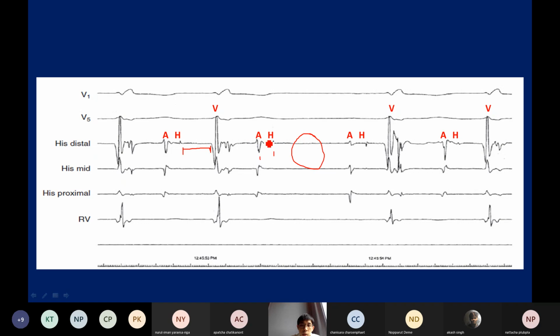So the signal could come from the sinus to the atrium, and to the His, but cannot reach the ventricle. There's some abnormality between the His bundle and the ventricle. So the site of block is likely to be infranodal, between the His bundle and the ventricle. So from this electrogram, we could tell that it is infranodal AV block.